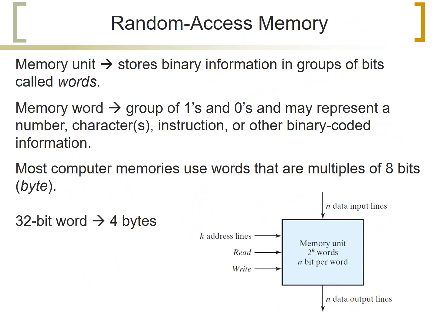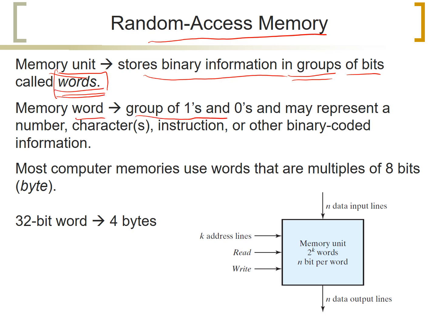So again, the random access memory, as we said, the memory unit stores binary information, and this information comes in groups of bits that are called words. So we store one complete word into the memory. The word is a group of ones and zeros, and it may represent a number or a character, A, B, C, D, or an instruction of a program, or any other binary coded information.